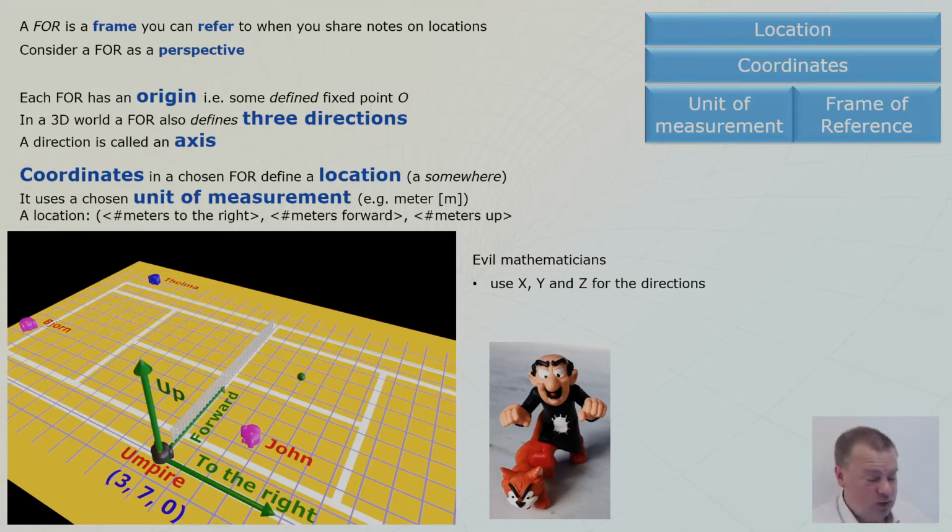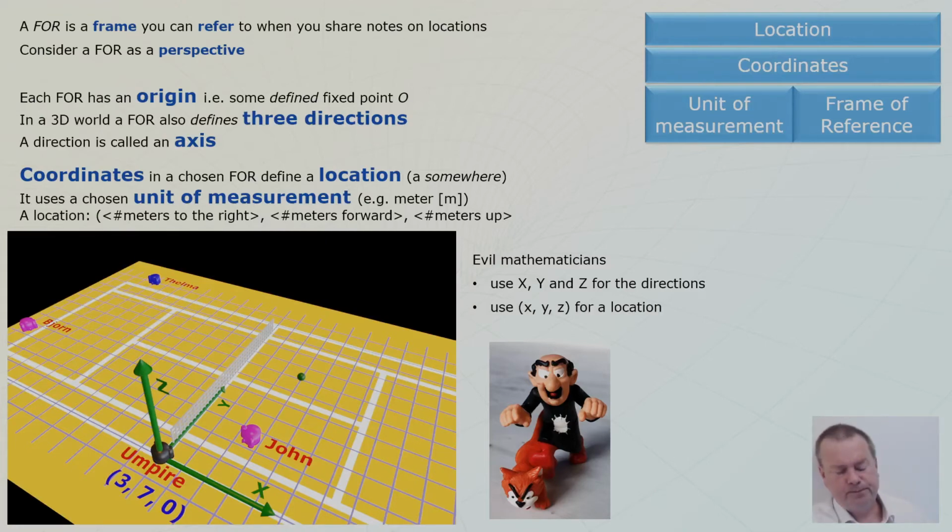I have no clue, but that's what they do. So they call these axes the X, the Y and the Z axis, or sometimes the ABC axis, or whatever they feel like, as long as it's not understandable for normal people. And when they write down a location or a variable location, they write down (X, Y, Z). And you have to know that's probably the coordinates of a location somewhere. And that's what it is.